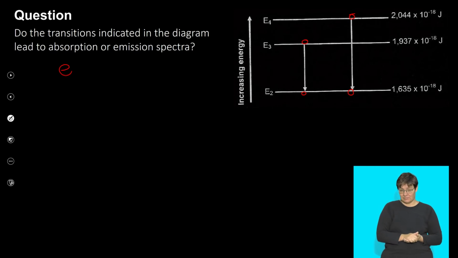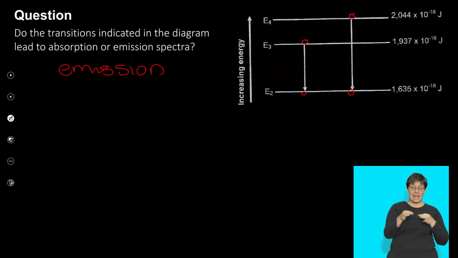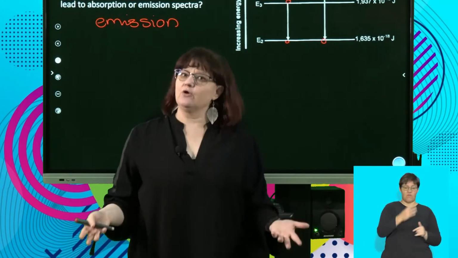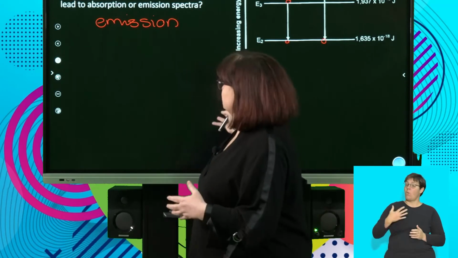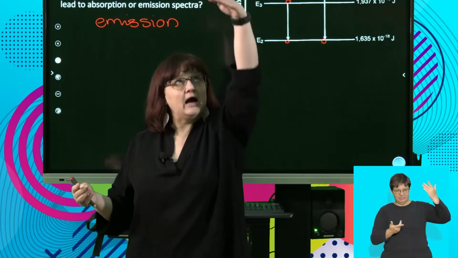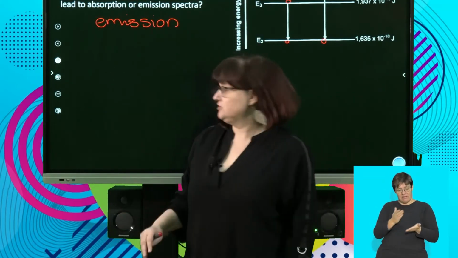Again, if they should ask you for the explanation, which they don't ask, please don't write explanations if they don't ask for it. If they did want an explanation, it's exactly what we did the last time. They're going from a high energy level to a low energy level, and they give off energy as they go.